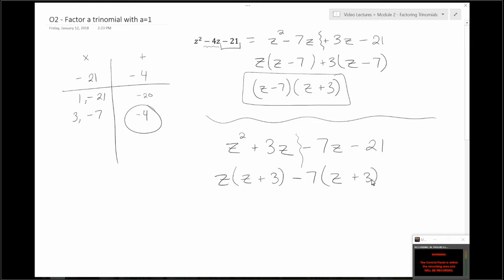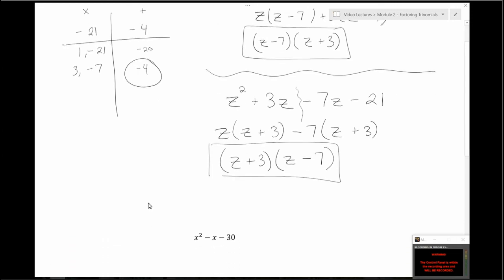We can now pull out the greatest common factor, z plus 3, and we're left with z minus 7. So it didn't actually matter what order we break up these two middle terms in, as long as we pick the two middle terms that multiply to be the last number and add to be the middle term.